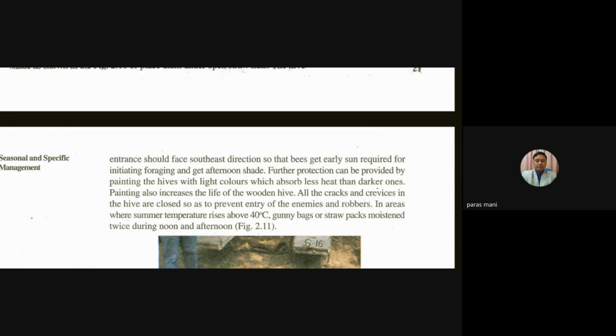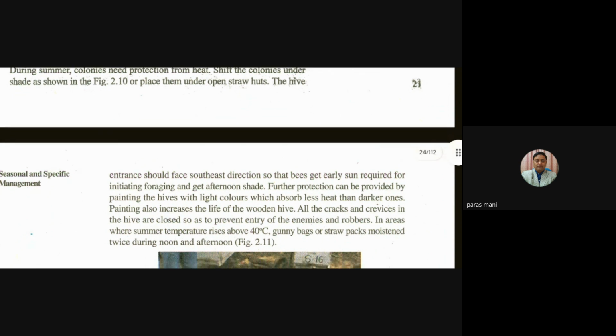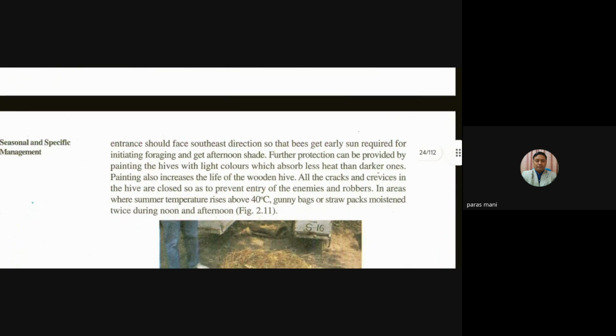The entrance must face the southeast direction so that the bees get early sun required for initial foraging and get afternoon shade. After noon, there must not be sunlight entering directly into the beehive.